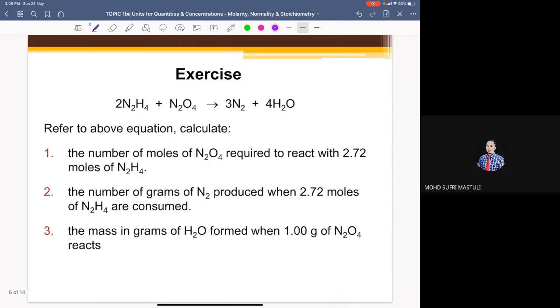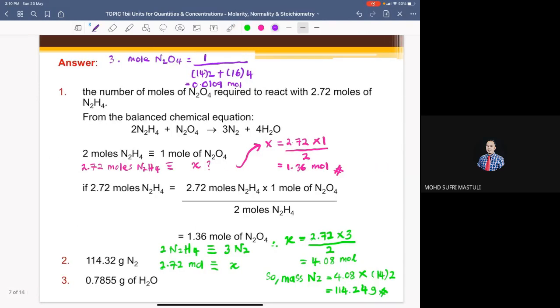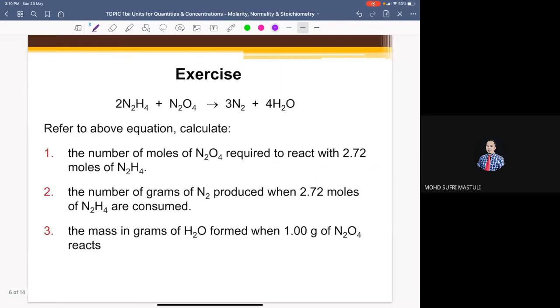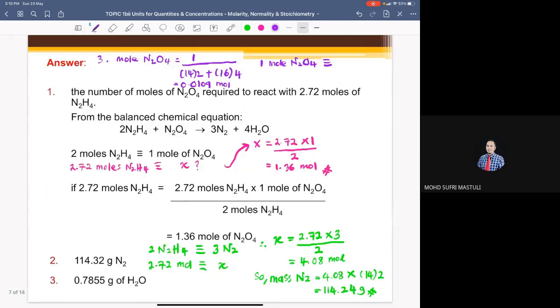Okay, so now we check the relationship between N2O4 and H2O. We know 1 mole of N2O4 relates to 4 moles of H2O.